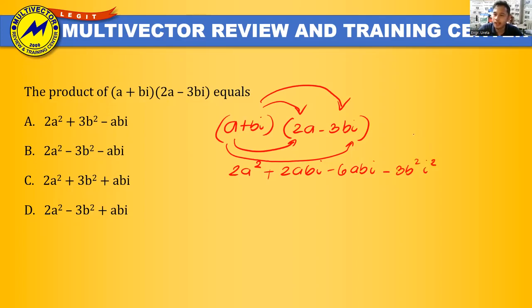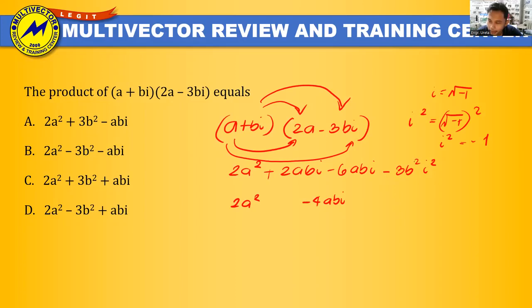Okay, but take note our i square is just equals to square root of negative 1 squared, kasi ang i natin is just square root of negative 1. Okay, it is just equals to negative 1. Kaya pag sinubstitute natin yan, so 2A square, so 2ABi minus 6ABi is actually negative 4ABi.